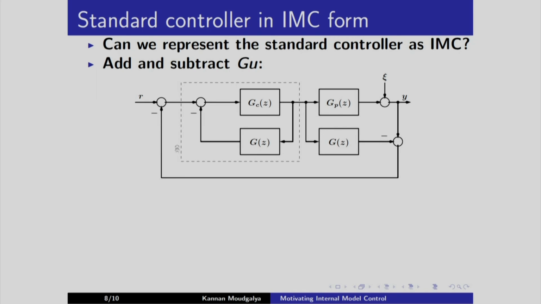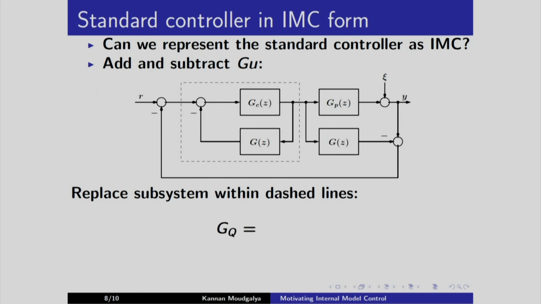Now what we will do is, let's look at this dotted line, and you can see that that is nothing but the IMC controller GQ. If you replace this with GQ, this is exactly the IMC form that we saw earlier. Then the expression for GQ is exactly this, GC by 1 plus G GC.